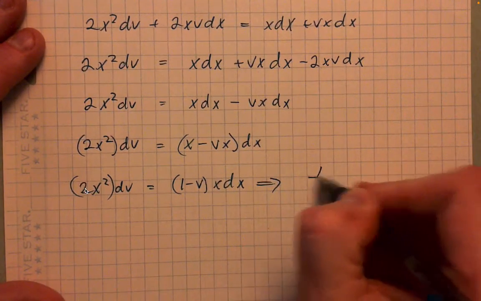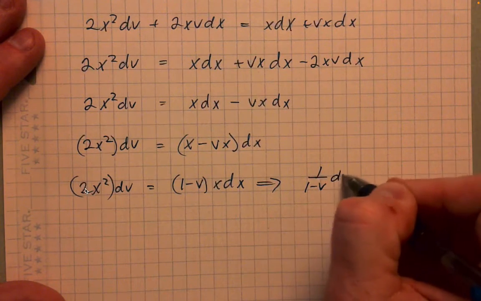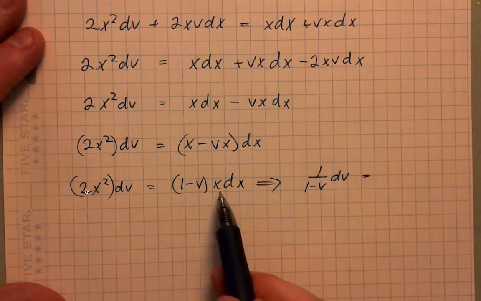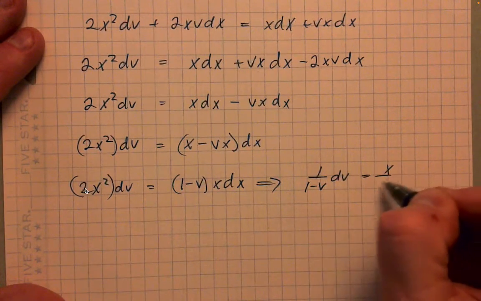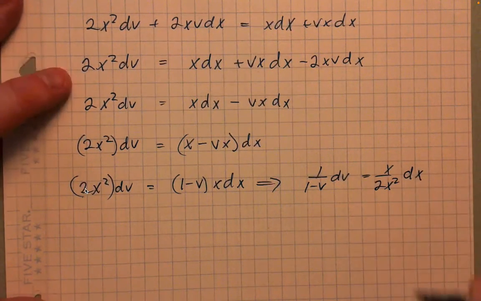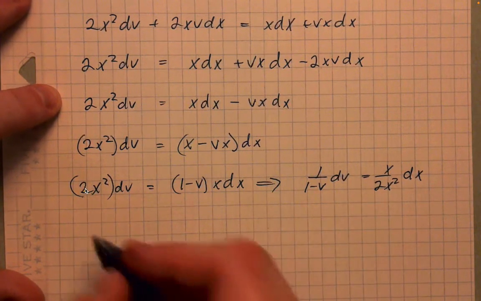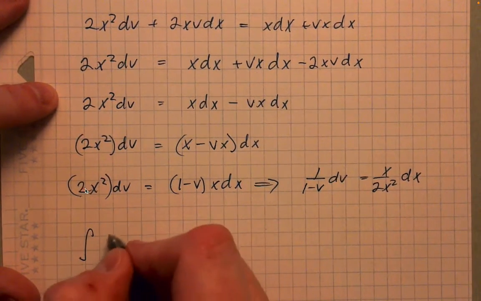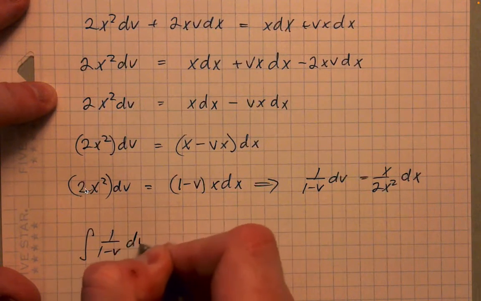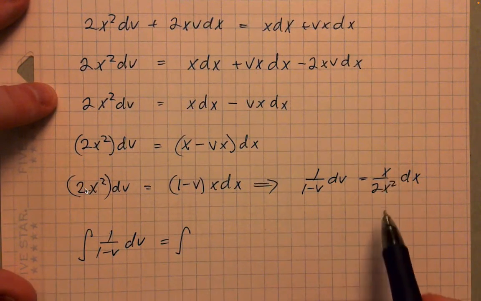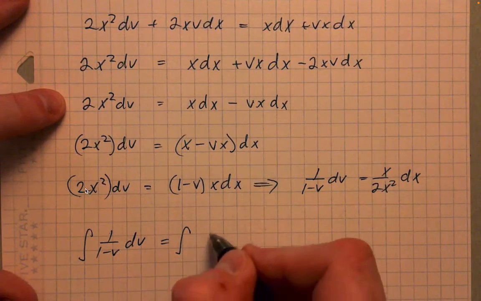So it'll be 1 over (1 minus v) dv, and that'll equal x over 2x squared dx. And so what do we get? In the end, we're going to integrate 1 over (1 minus v) dv, and we're going to integrate 1 over 2x dx.